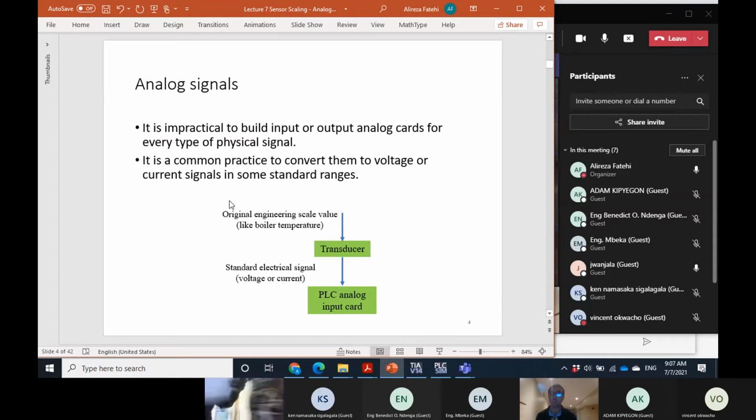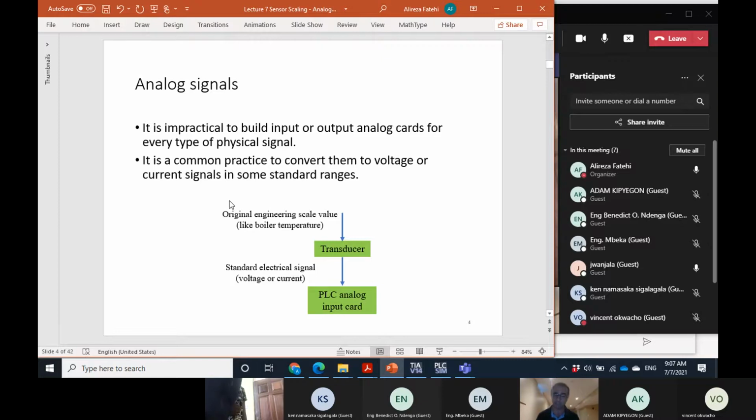Practically, there are lots of sensors. I don't know how many types of sensors we have, but practically hundreds or thousands of types of sensors and variables: different sensors to measure pressure, different sensors to measure temperature.